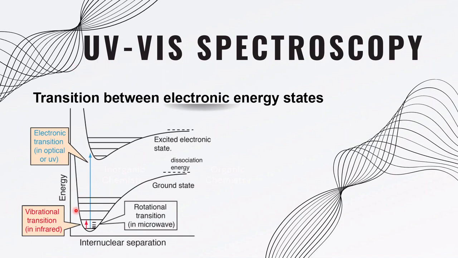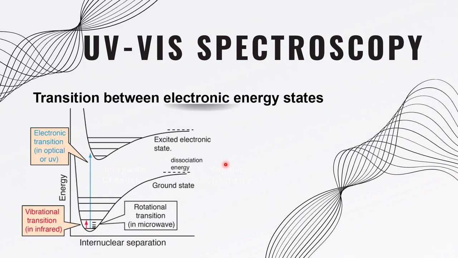In order to promote electrons from one electronic energy level to a higher electronic energy level, it needs UV light or visible light. We have already learnt about the classification of spectroscopy, right? If you look at my previous videos, you will get the classification of spectroscopy.